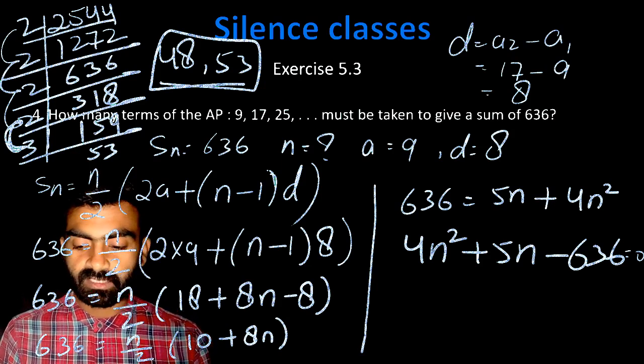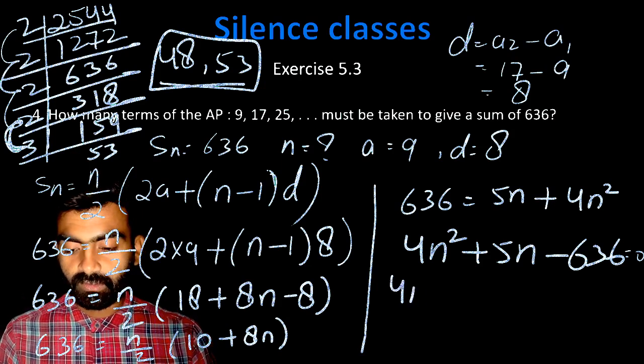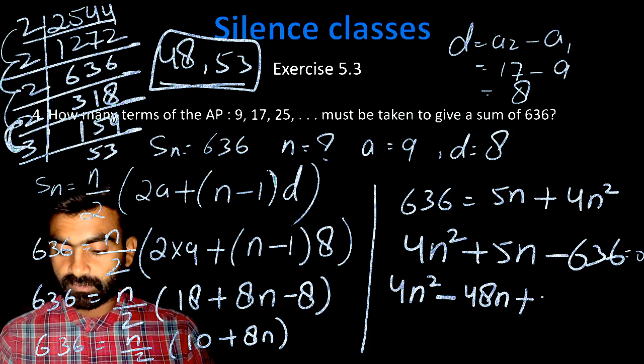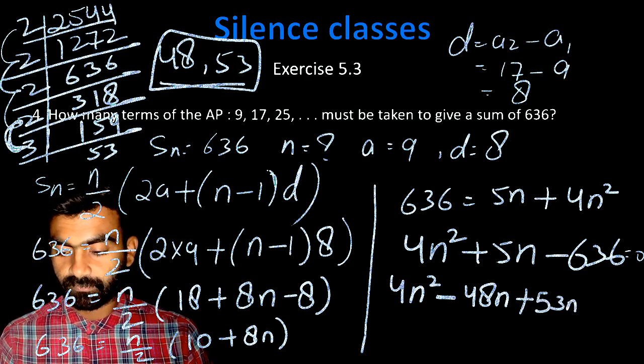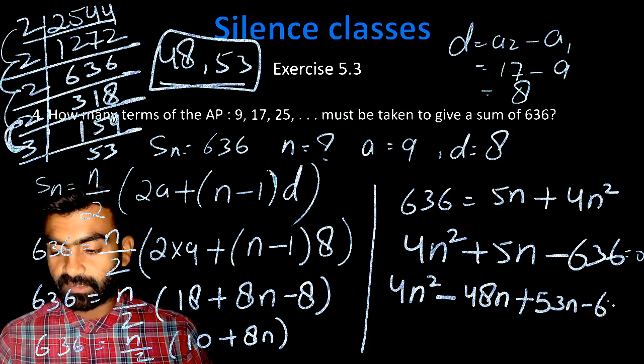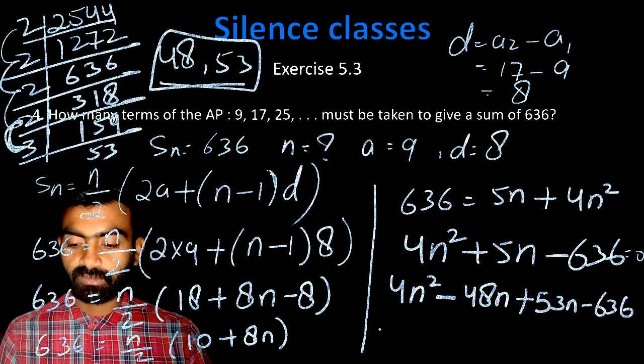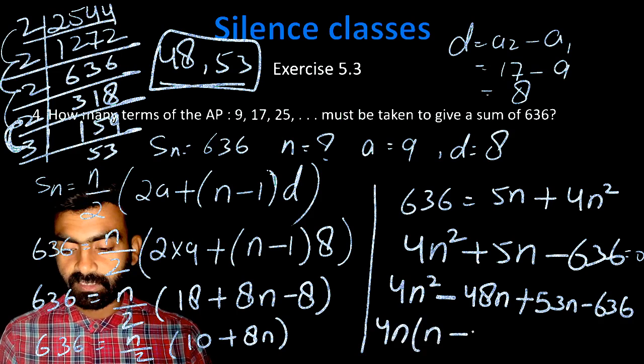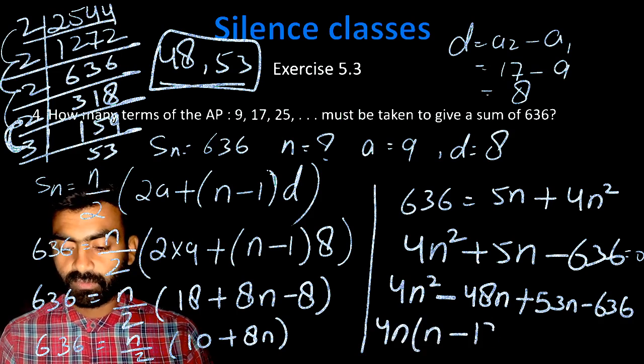So we can write it like this: 4n square minus 48n plus 53n equals minus 636. If I take 4n as common, we get n minus 12, since 4 1s are 4, and 4 2s are 8.